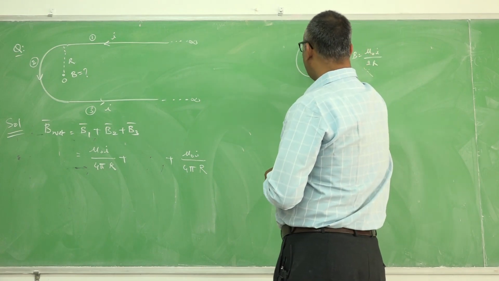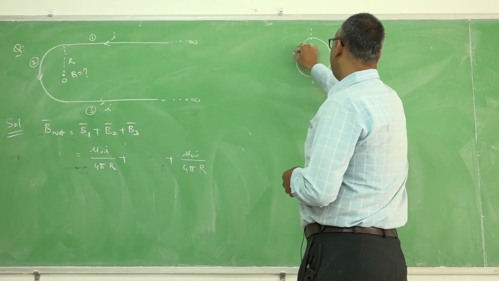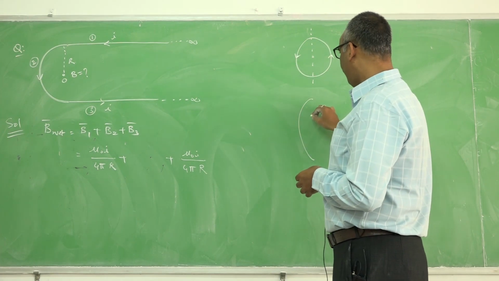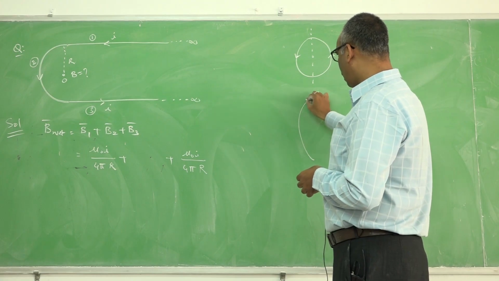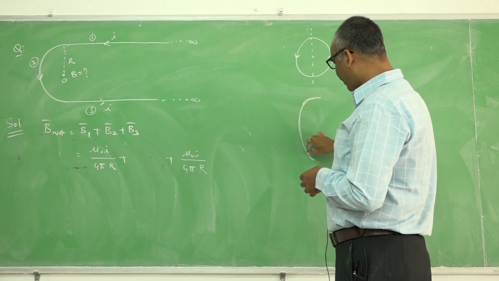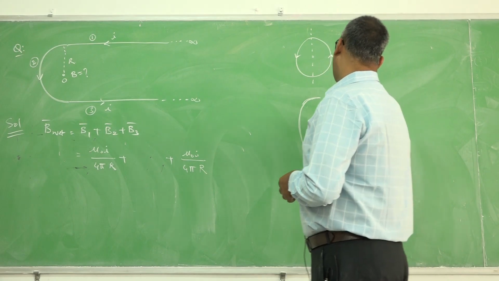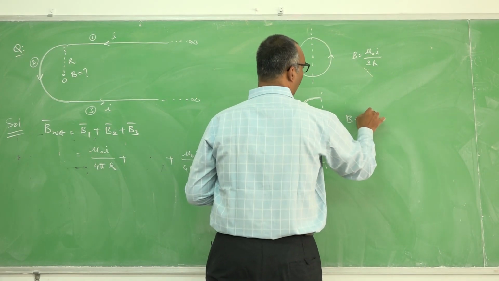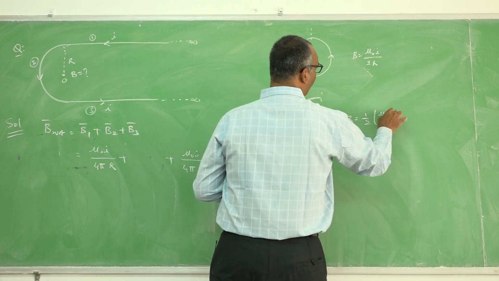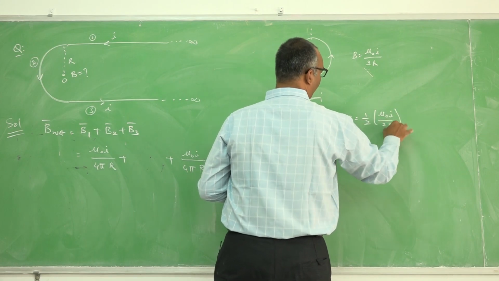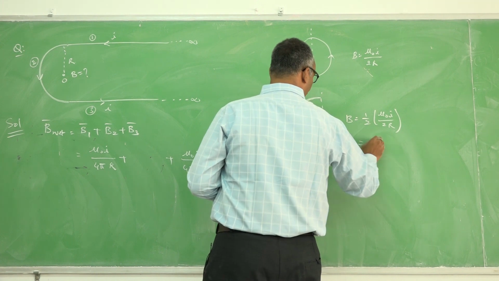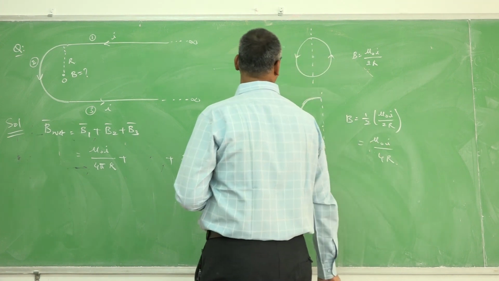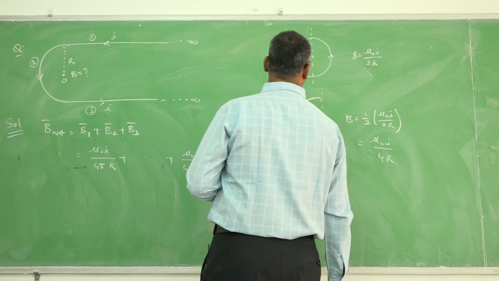Semicircular means half of that. If you consider only a half portion, B is equal to half of mu naught I by 2R. Nothing but mu naught I by 4R.